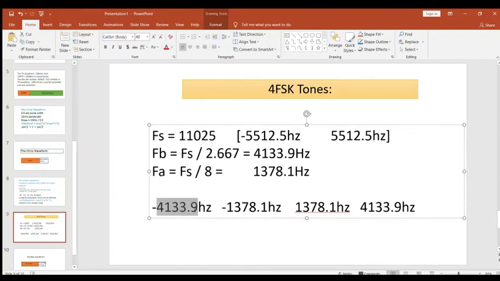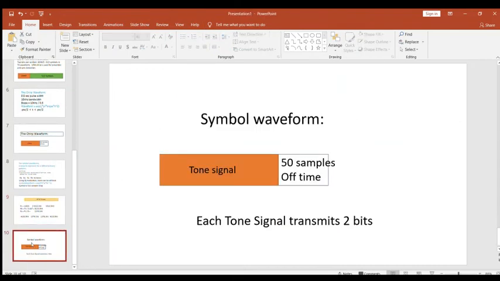You've got minus 4K, minus 1300, positive 1300, and positive 4100. So these are the 4 tones that we'll be modulating based on what bit pattern we have. And the symbol waveform is going to be the tone signal, and it's going to have a 50 sample off time. Again, that's for multipath. And each tone is going to transmit 2 bits.